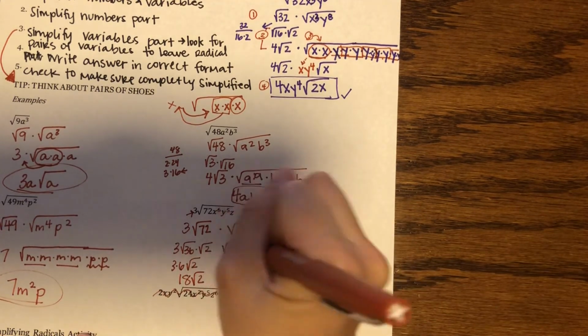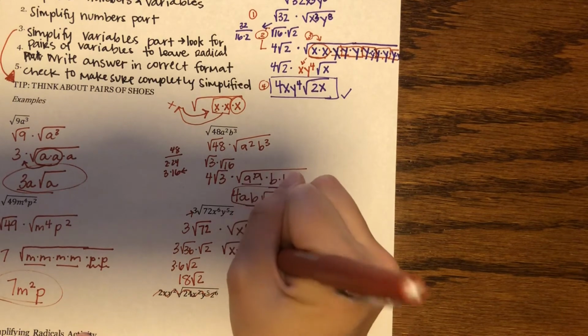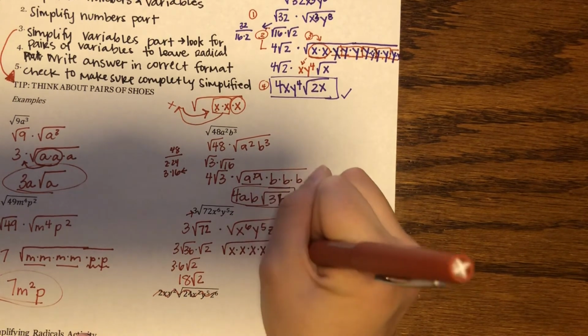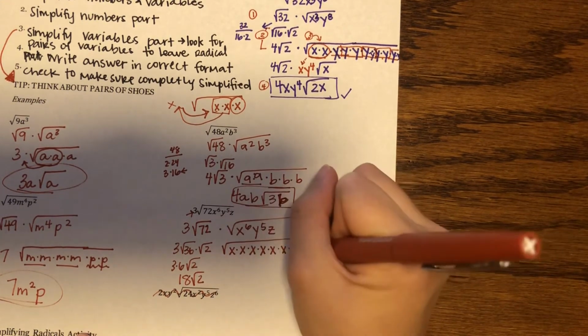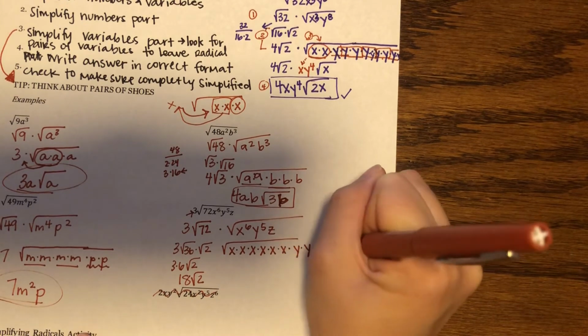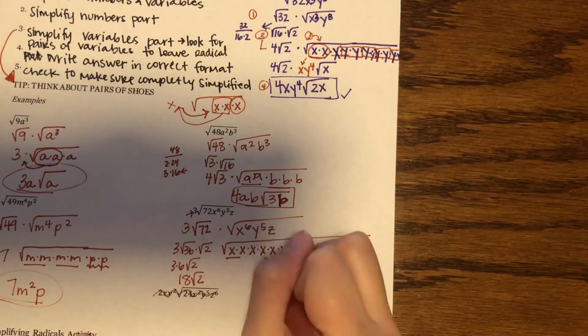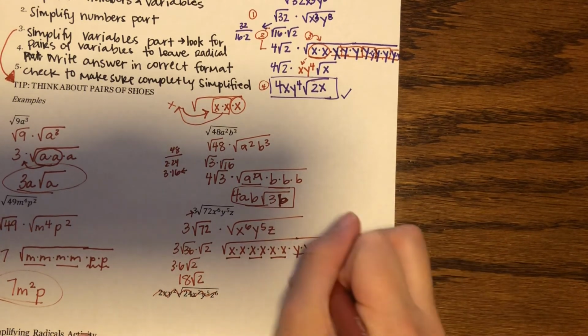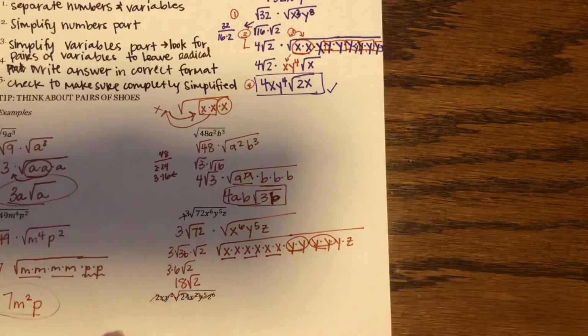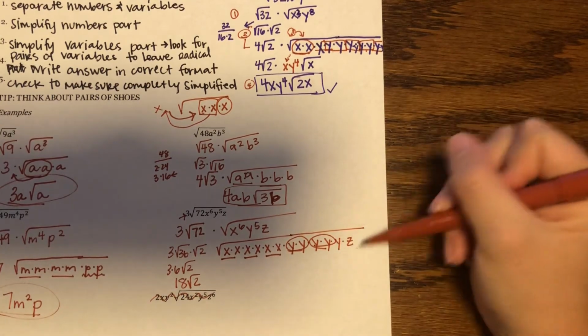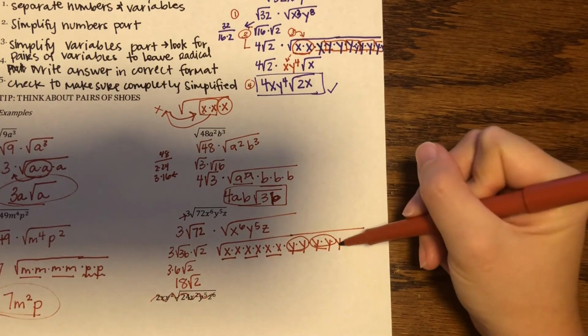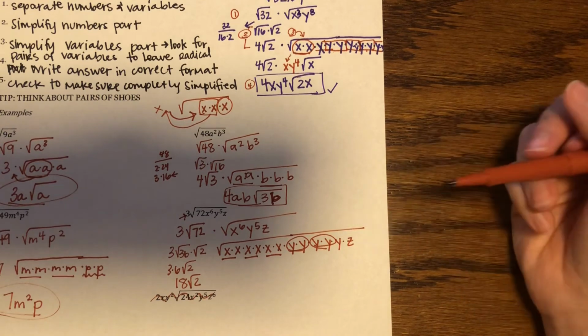And then we have 6 x's, 5 y's, and then 1 z. Okay, so we have 1, 2, 3 pairs, 1, 2, and then 2 left over. So we have a y and a z. They could make a pair, but that would be us wearing a flip-flop and a sneaker, or a flip-flop and a high heel.